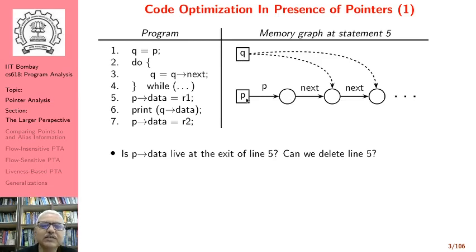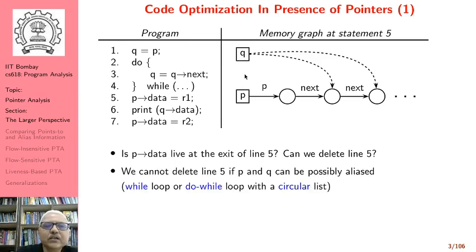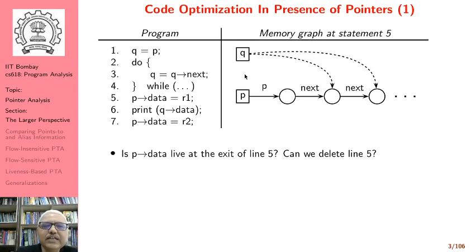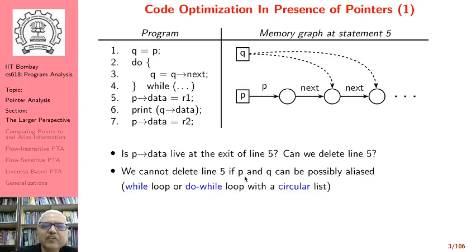However, there is still a small catch when we make this statement. And what is the catch? We cannot delete line 5 if P and Q can possibly be aliased, and P and Q can possibly be aliased if we have a while loop, or even when we have a do while loop, P and Q may be aliased.